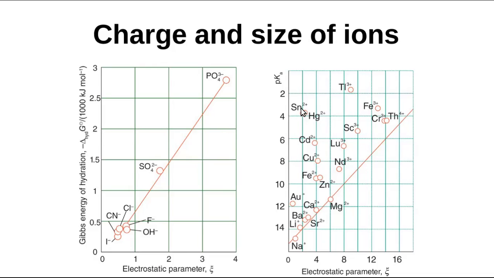Tin 2+ is two positions away from the transition metals, but high effective nuclear charge, I would say, doesn't explain fine details in this variation. There could also be contributions from covalent bonding to the environment, to the ligand water molecules, for example.